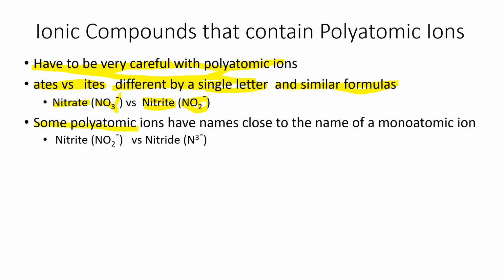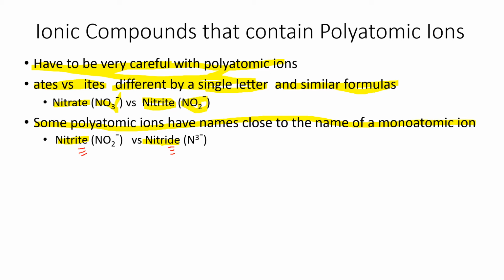Also, some polyatomic ions have names that are close to the name of a monoatomic ion. Well, you compare nitrite versus nitride. The difference in those 2 words is by a single letter. It's a D versus a T. Very, very similar sounding names.